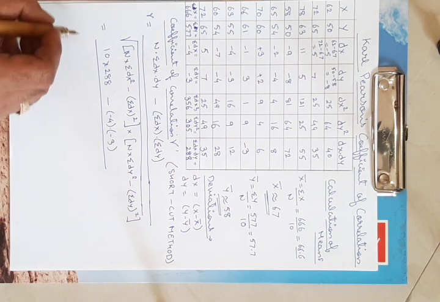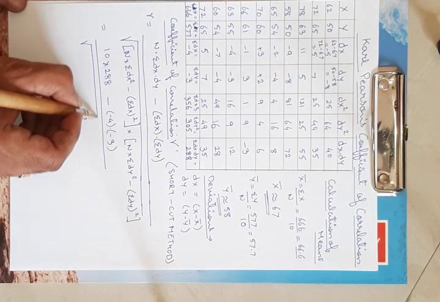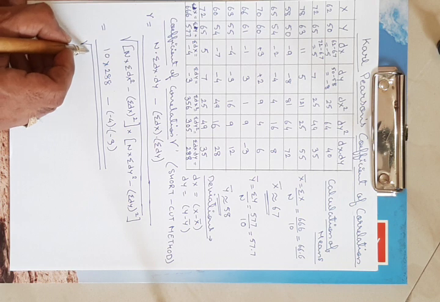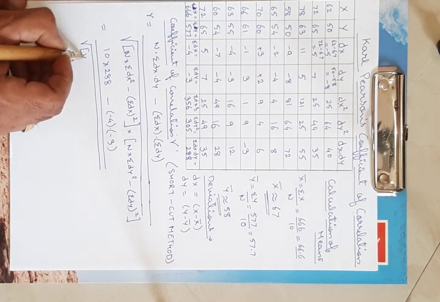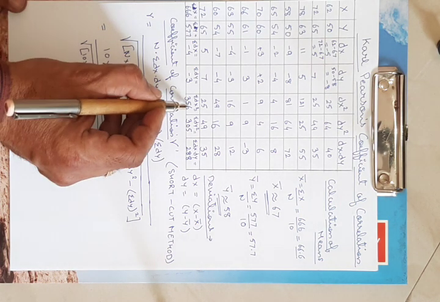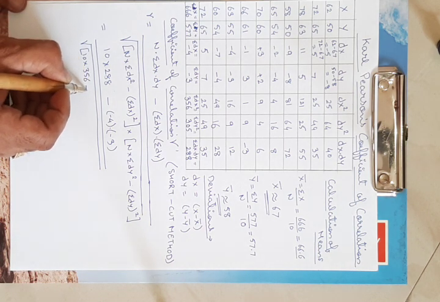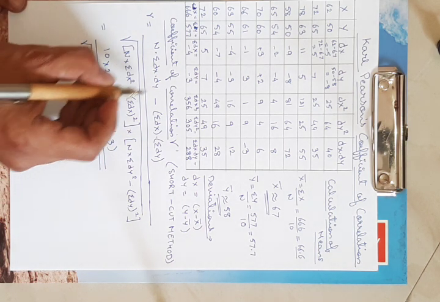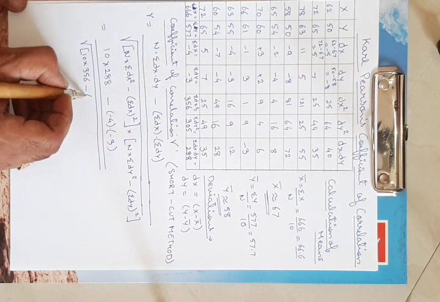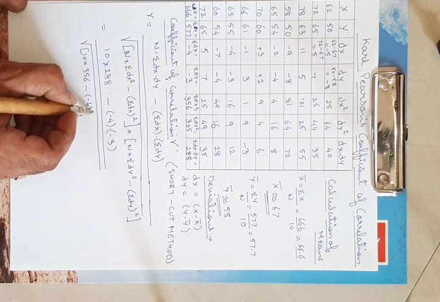divided by square root of, in square bracket, n is 10, multiplied by summation of dx square, that is 356, minus summation of dx bracket squared, summation of dx, that is minus 4, bracket squared.